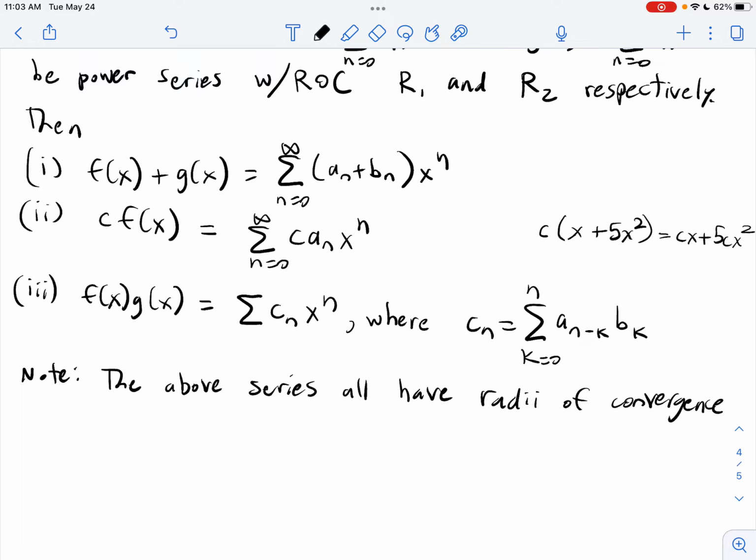So if one series has a radius of convergence R1 and the other has R2, then when you add the two series together, they are going to have radius of convergence equal to R, which is the minimum of the two. Whatever is the smaller of the two numbers becomes the radius of convergence.